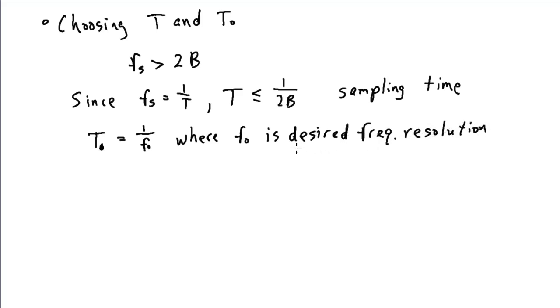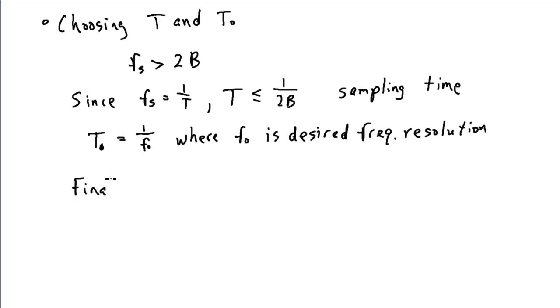So if I want, for example, 1 hertz resolution, I need to gather 1 second's worth of data, and if the bandwidth of the signal is 10 kilohertz, then I need to sample at least at a 20 kilohertz rate, and so over 1 second, that would be 20,000 samples.